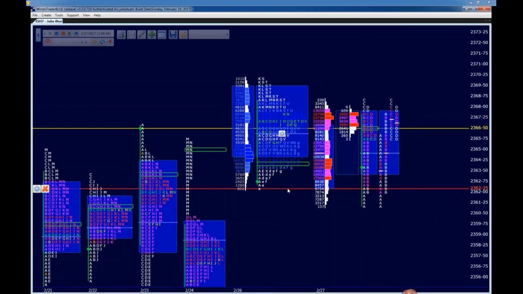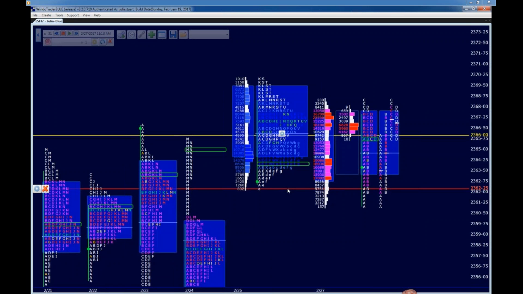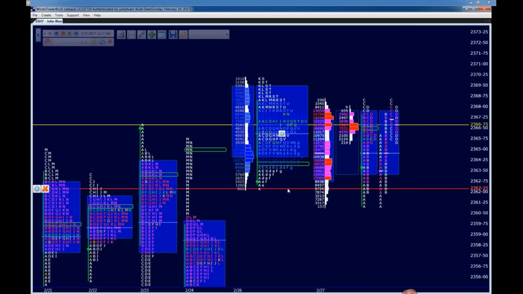So now we're in the second hour of trade, which, like we say, we've speeded up. We're going on an hour and a half in this market.